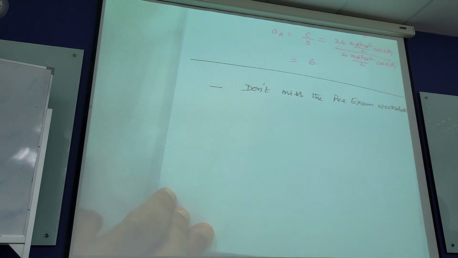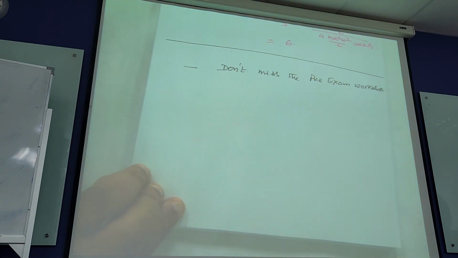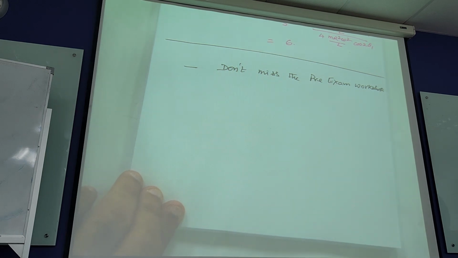Because normally he will go through only 5-6 questions, and very similar questions will come up. And each question he may be spending more than an hour. I don't have the luxury to spend 1 hour for one question. But since it is a pre-exam workshop, they will do only a few questions, but in detail.